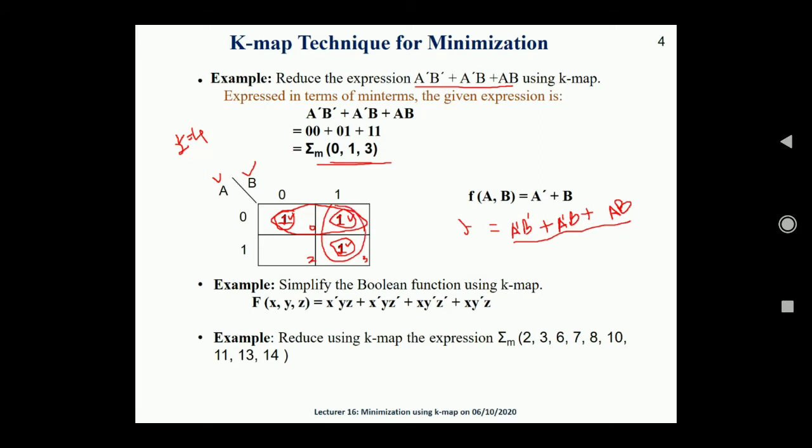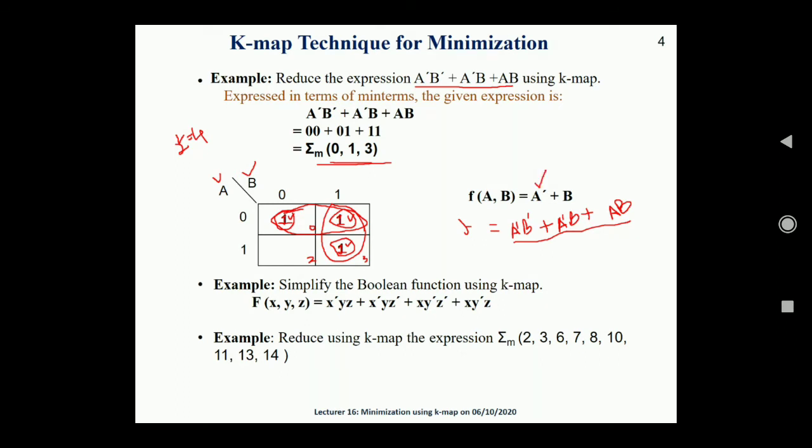When we combine this particular group, see here, this particular cell and this particular cell are combined. This is 0 and this is 1, so we can cancel B. Only A is remaining. What is the value of A in this particular group? A is 0, and 0 means it is A bar. So here I am writing A bar.